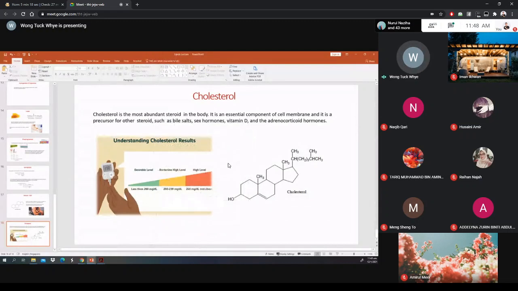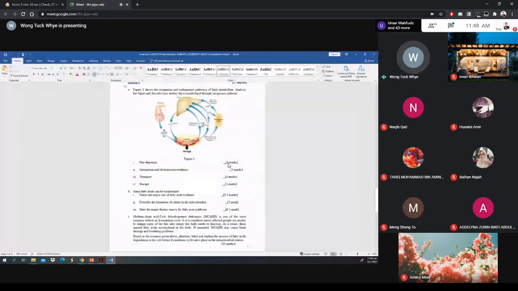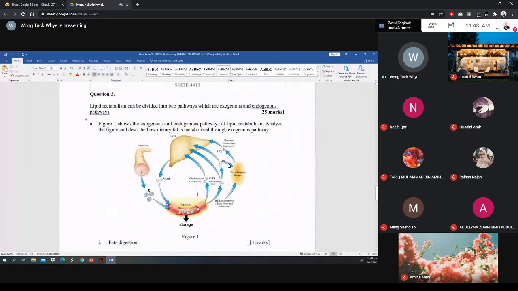I don't know why I cannot open my file. We had this kind of past year question last time. We were asking about lipid metabolism, but luckily we are not going to biology this year, we go to biosensor.